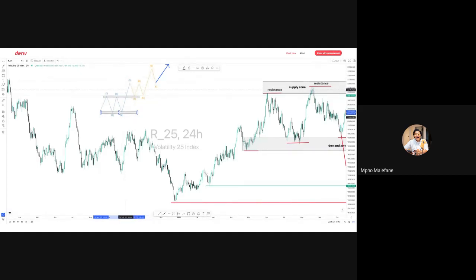It broke out and came for a retest. This retest is law 2. Then it came back again, trying to tell us that it was respecting. But at the back of your mind, you already know that after the breaking, it's going to go up. That was the second law.